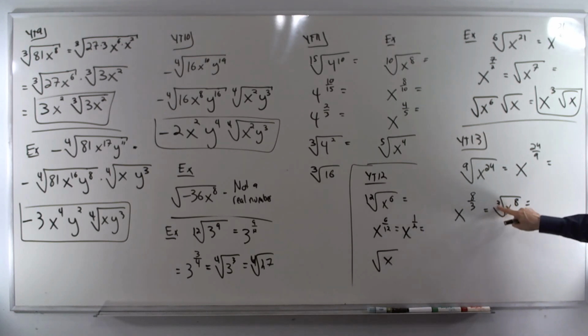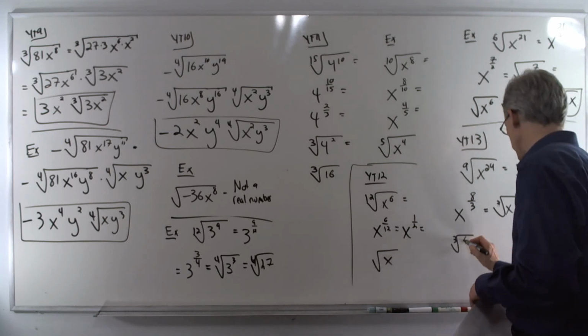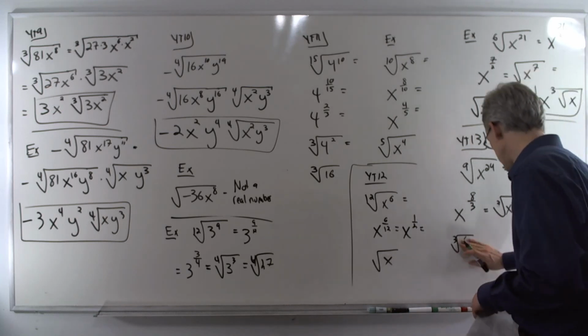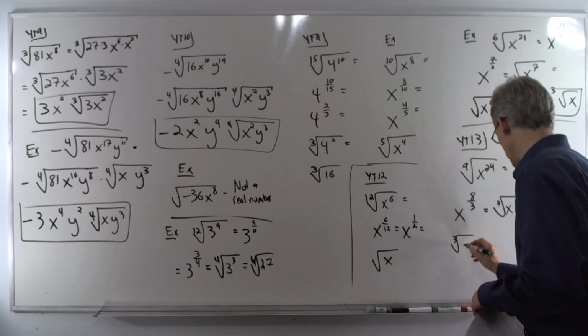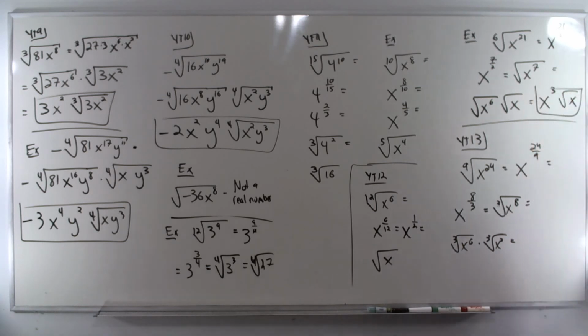All right, largest multiple of 3 less than or equal to 8 is 6. So we'll break this up into the third root of x to the 6th times the third root of x squared. All right, 6 divided by 3 is 2, so we have x squared there. X squared times the third root of x squared.